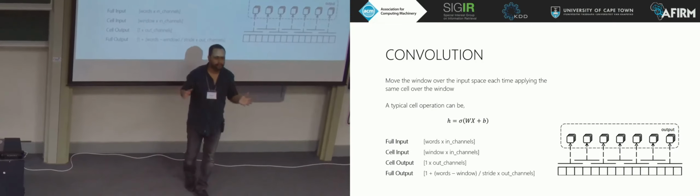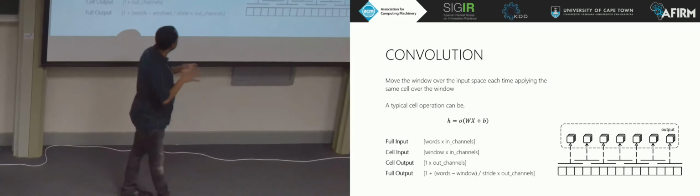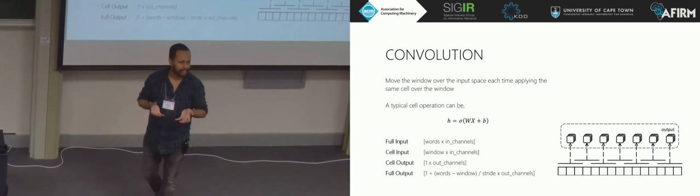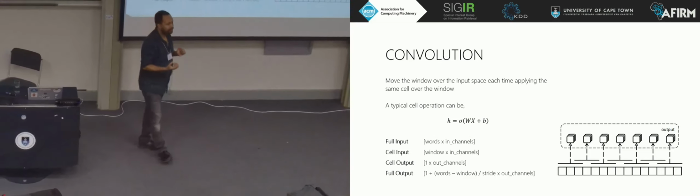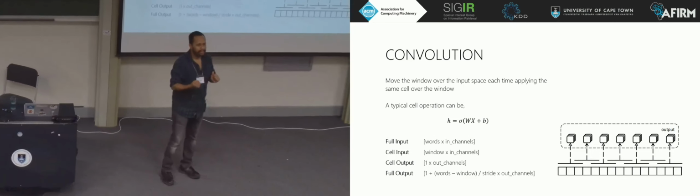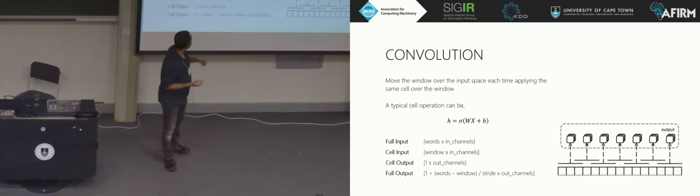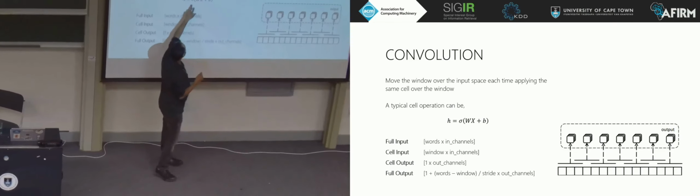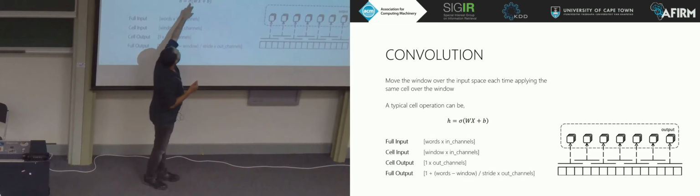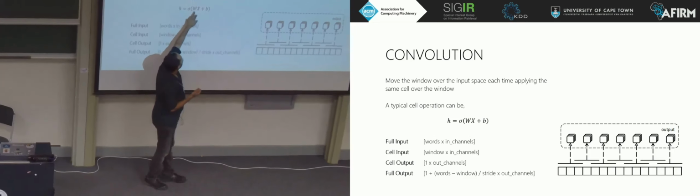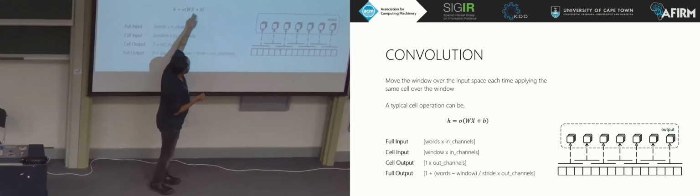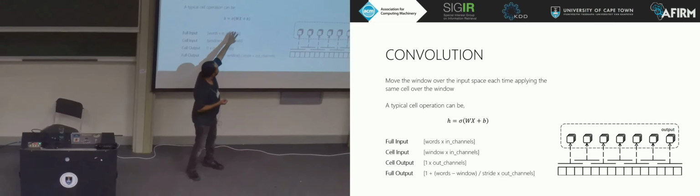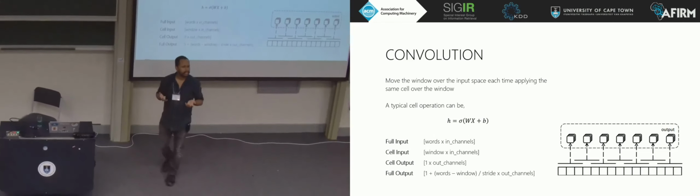Now, I did not say what this function f was. Technically, this function f could be anything. But generally, depending on what that f is, you get a few different very popular architectures. So if f itself is some kind of fully connected layer, let's say it's a sigmoid or tanh of Wx plus b, where x, by the way, is these 3 things together, then you typically call it a convolution.